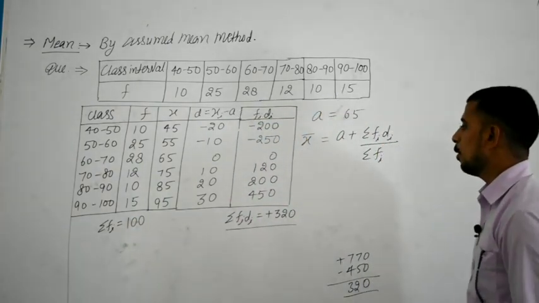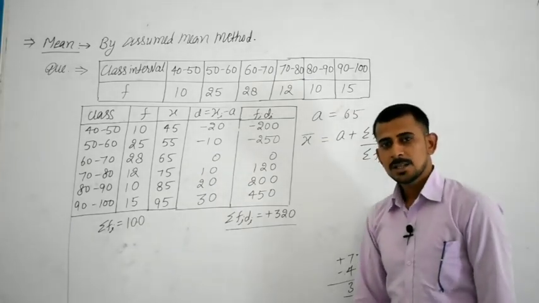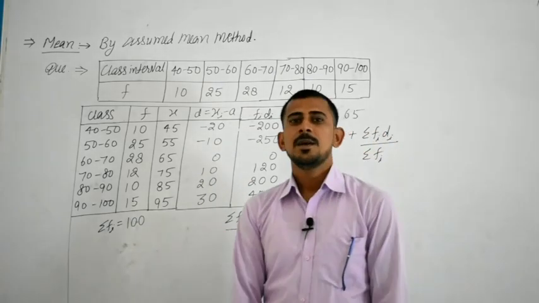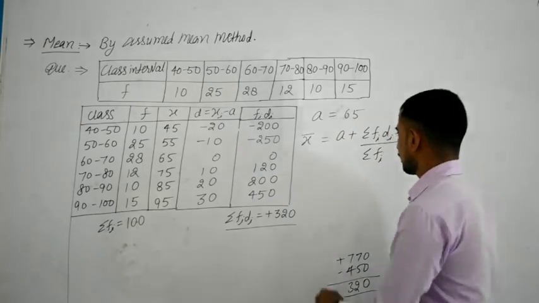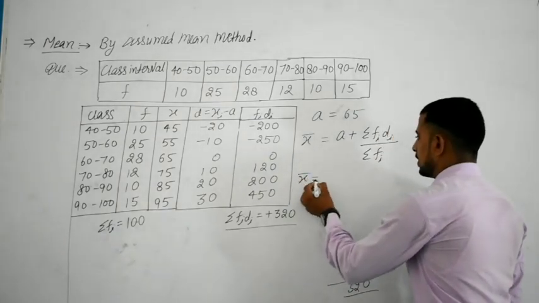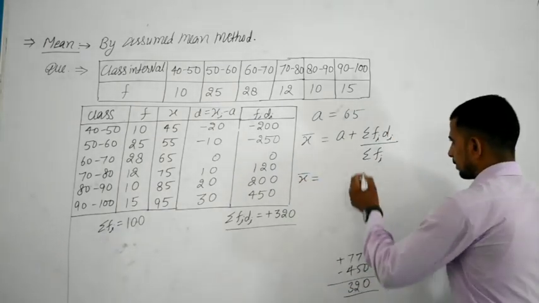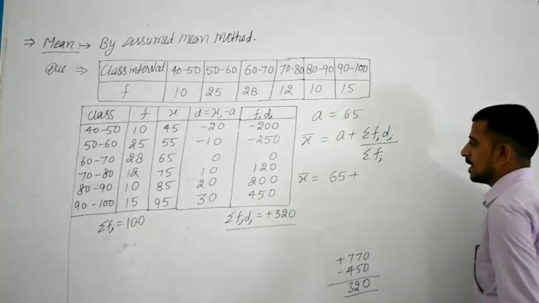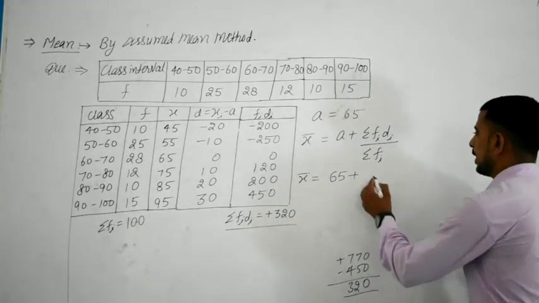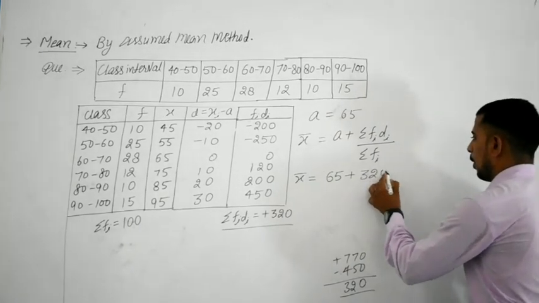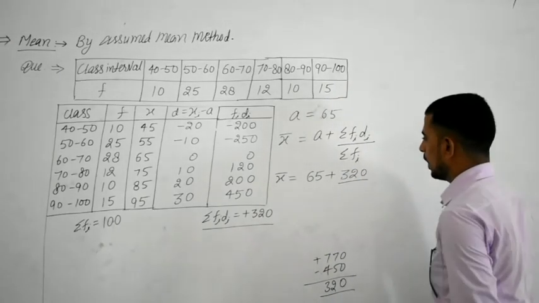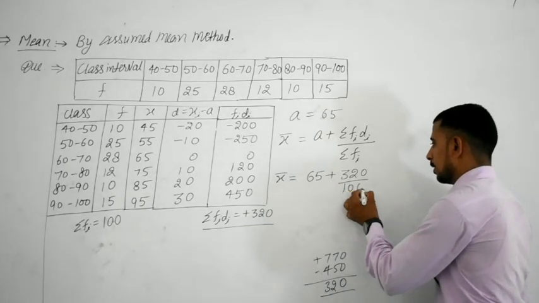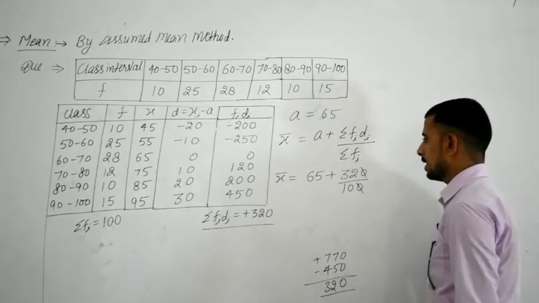Now put the values of summation fi di, summation fi and assumed mean a. x bar is equal to a, which is 65, plus summation fi di, which is 320, upon summation fi, which is 100. Zero and zero cancel.